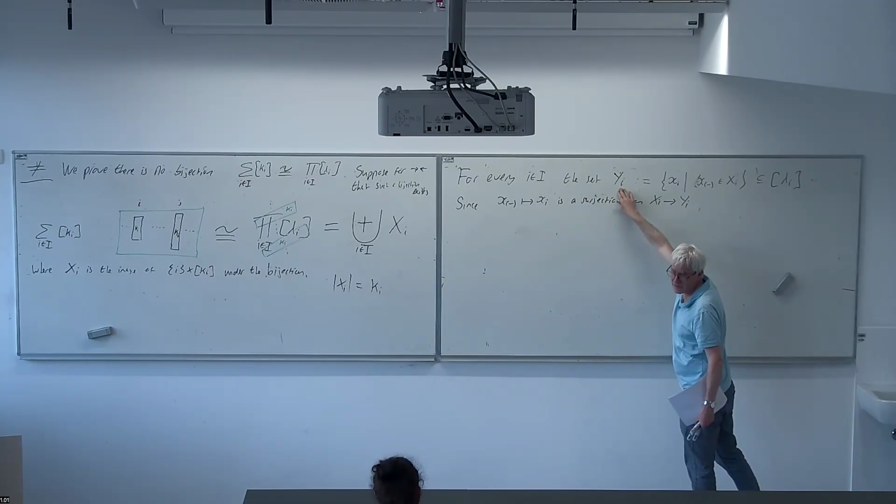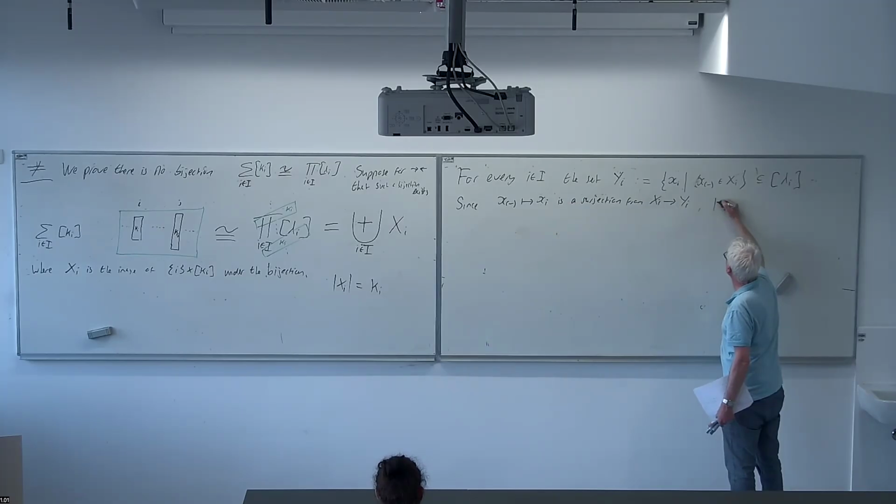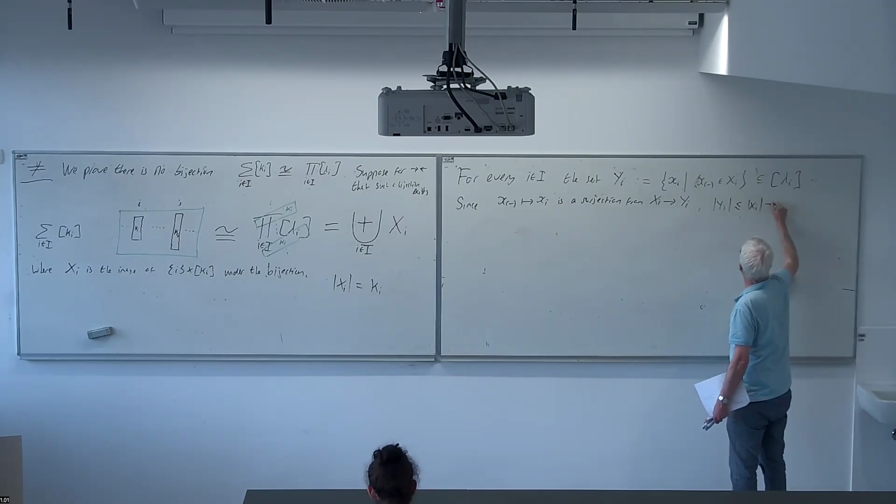So yi has smaller or equal cardinality to xi, so the cardinality of y sub I is less than or equal to the cardinality of xi, which equals kappa sub I.